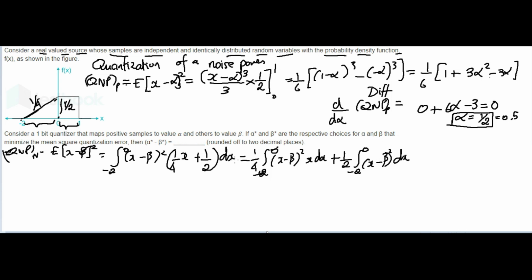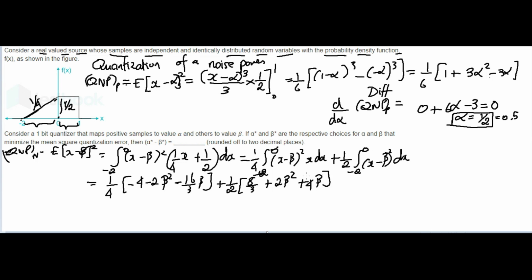You just solve everything. After solving, grouping all the common terms, you will get 1 by 4 into (minus 4 minus 2 beta square, and minus 16 divided by 3 beta), and one more term, 1 by 2 into (8 by 3 plus 2 beta square, and afterwards 4 beta).